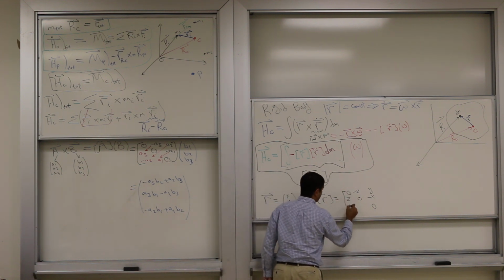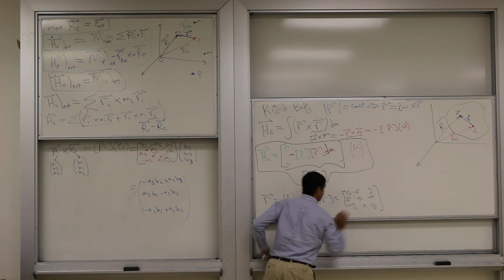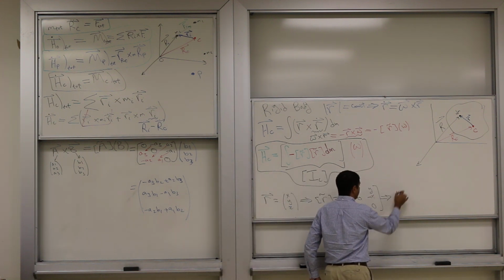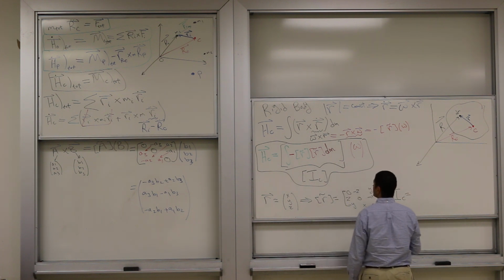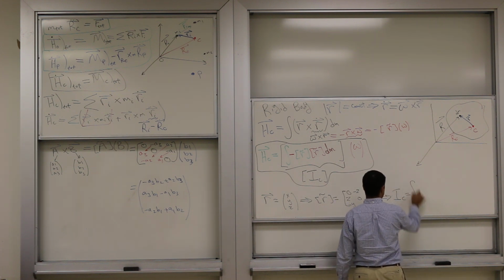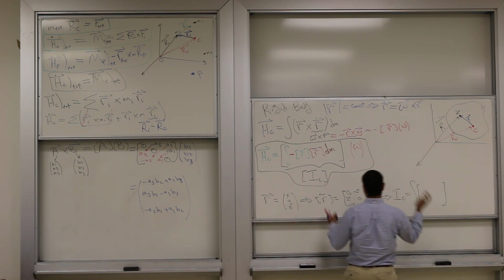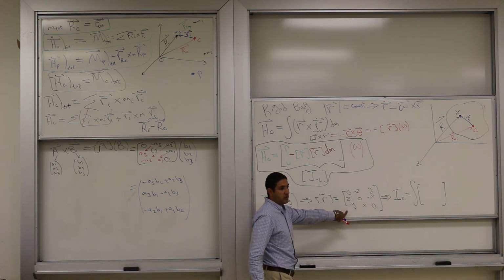So this is z, negative y, x. So my moment of inertia matrix is simply the integration of R tilde multiplied by itself. This matrix multiplied by itself.